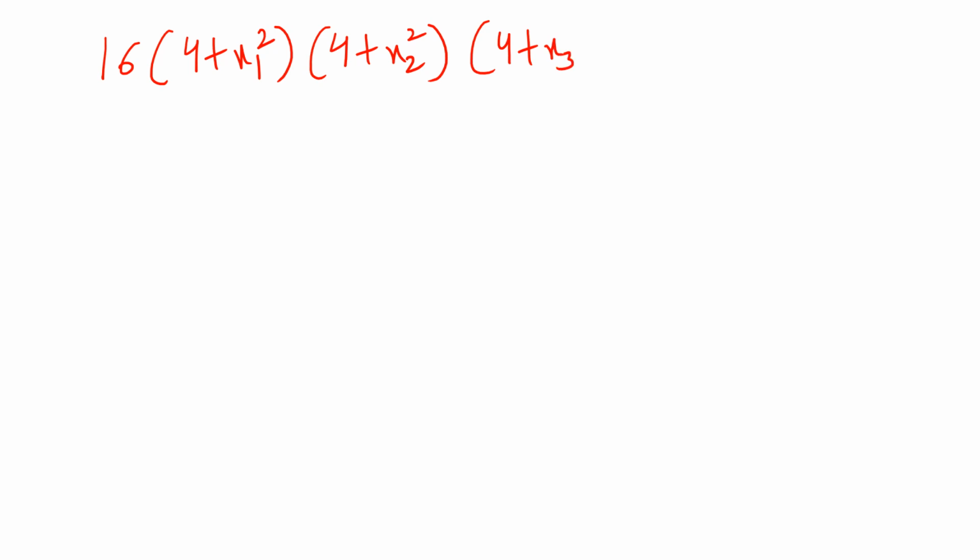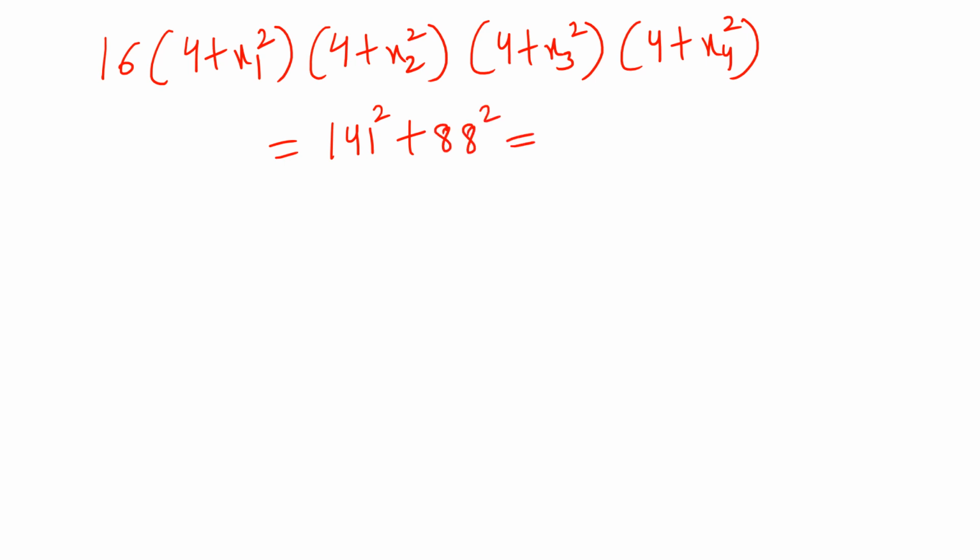So you will be getting 16(4 + x1^2)(4 + x2^2)(4 + x3^2)(4 + x4^2), and this value is equal to 141^2 + 88^2. This comes as 19881 + 7744, and this finally becomes 27,625.